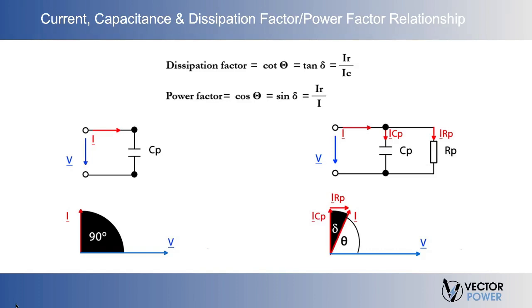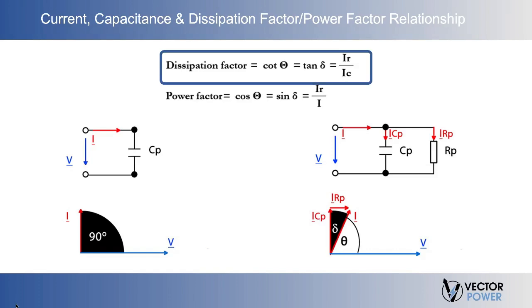For low power factor insulation, capacitive current and total current are substantially of the same magnitude since the loss component, I sub R, is very small. Now, the power factor is defined as the cosine of theta, which equals the sine of delta, or simply equals the resistive current divided by the total current.